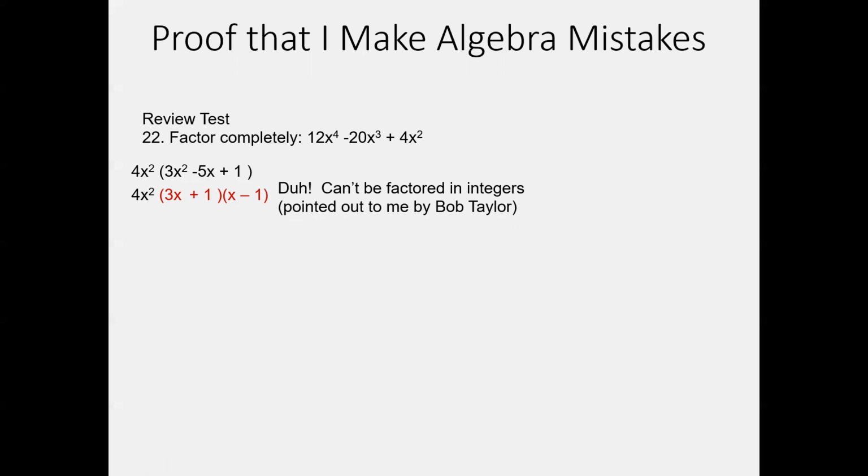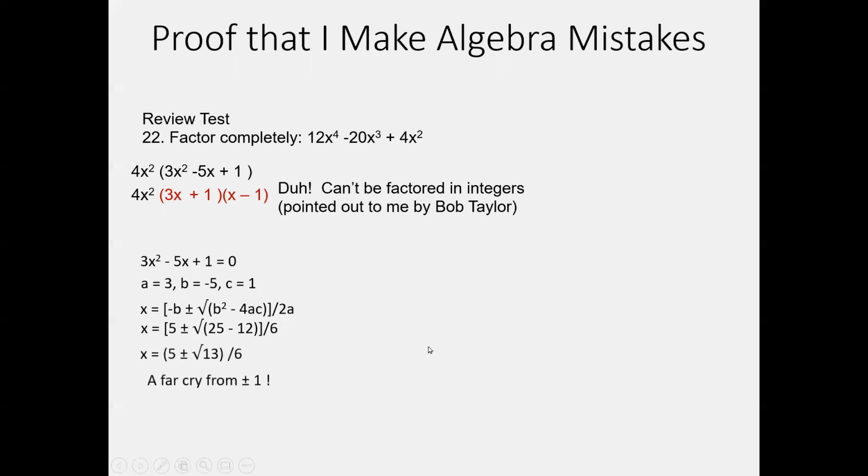Something is wrong here. So if you want to continue, if you had this as something to solve, you would have to use the quadratic formula. We could do that. A is 3, B is minus 5, and C is 1. We could stick the whole thing in, do some arithmetic, and you'll wind up with the correct, but not particularly happy, number of 5 plus or minus radical 3 all over 6.